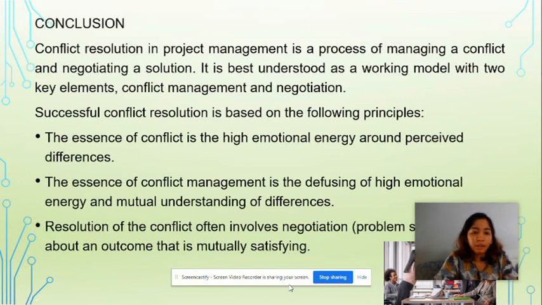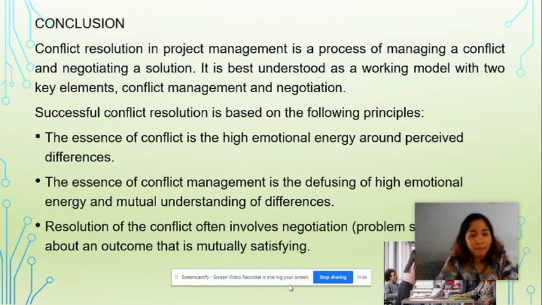Finally, in conclusion, conflict resolution in project management is a process of managing a conflict and negotiating a solution. It is best understood as a working model with two key elements: conflict management and negotiation. Successful conflict resolution is based on the following principles. My first bullet: the essence of the conflict is the high emotional energy around perceived differences.